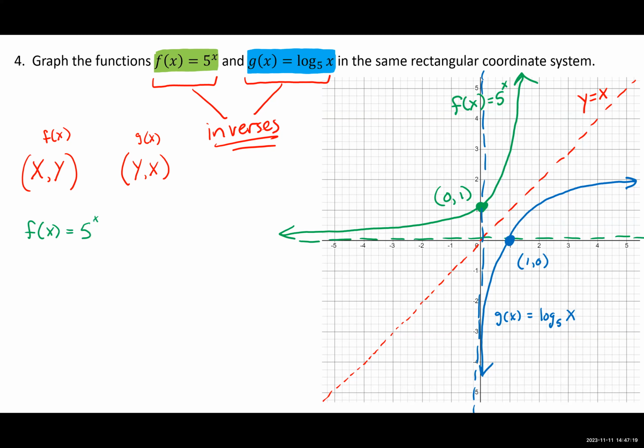Okay, so one thing we saw with the exponential functions is that the domain is all real numbers, negative infinity to infinity, and the range of that function is everything above the horizontal asymptote, all those y values above 0. So 0 to infinity.